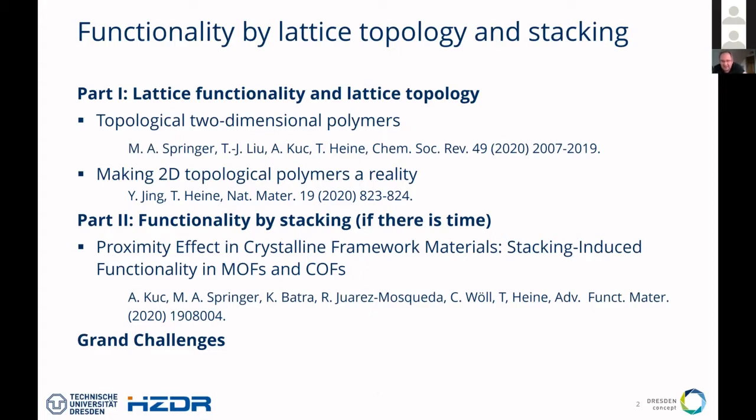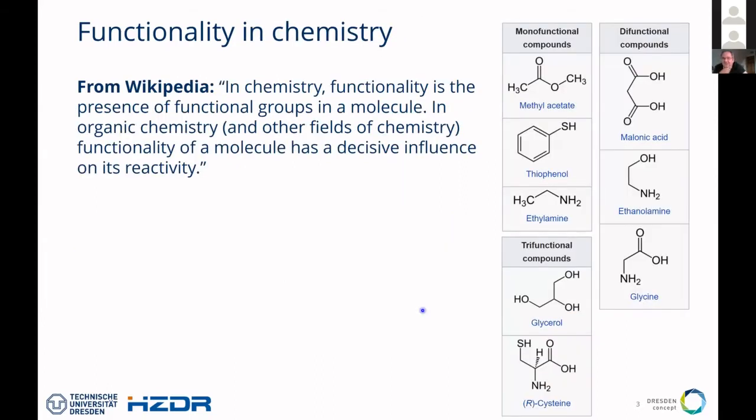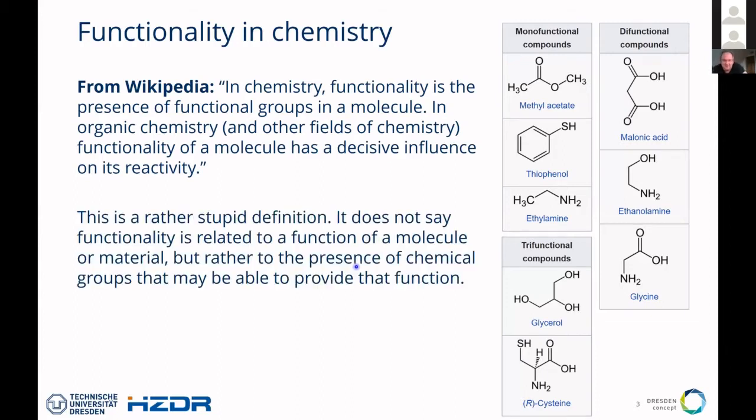Let's see. If you look up Wikipedia and you would like to know what functionality is in chemistry, you find the following definition. It says, in chemistry, functionality is the presence of functional groups in a molecule. In organic chemistry and other fields of chemistry, the functionality of a molecule has a decisive influence on its reactivity. And then you find a lot of examples. In my opinion, that's a very poor definition.